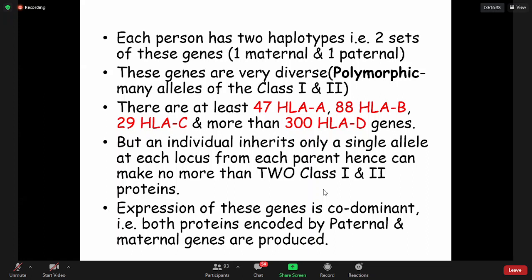Among the HLA D genes, we have DP, DQ, and DR, so you'll have one P, one Q, and one R. The expression of these genes is said to be codominant because all of them get expressed. Whatever you have from your mother and your father all get expressed.